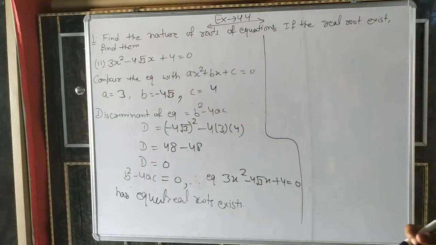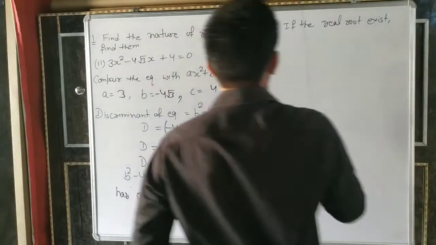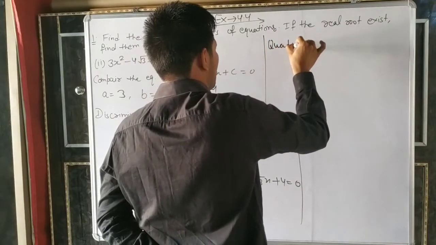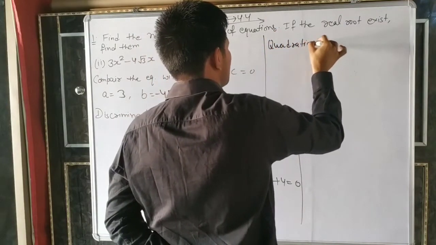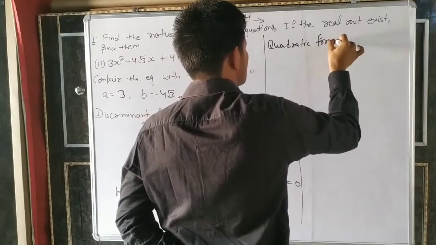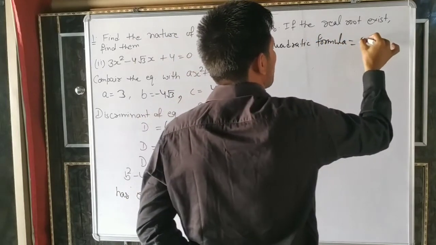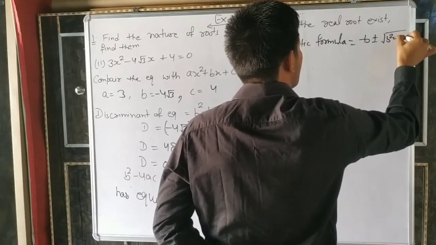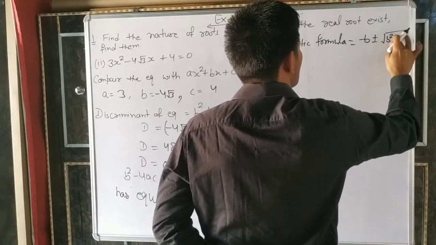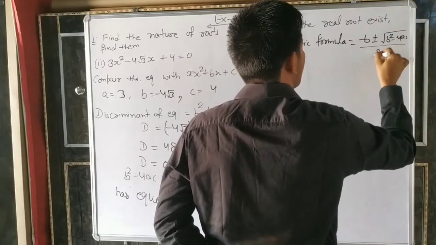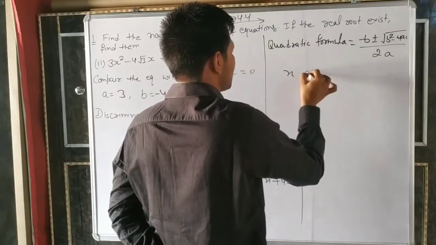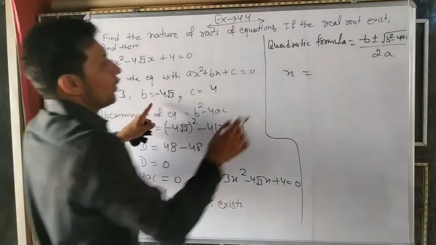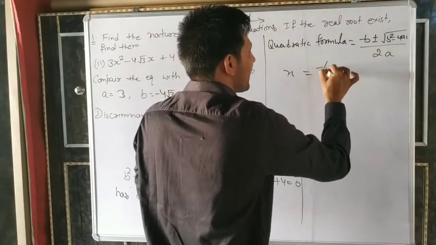So how will we find them? By using the quadratic formula. So write the quadratic formula. What is the quadratic formula? x equal to minus b plus or minus the square root of b square minus 4ac, divided by 2a. So x equal to minus b. B is how much? First we will write minus and then we will write b.